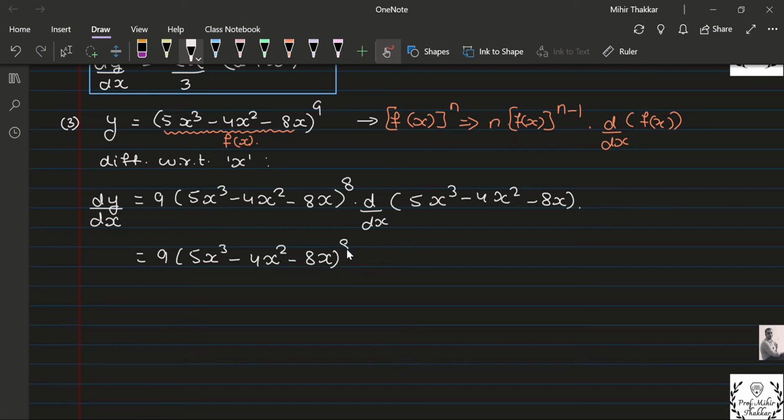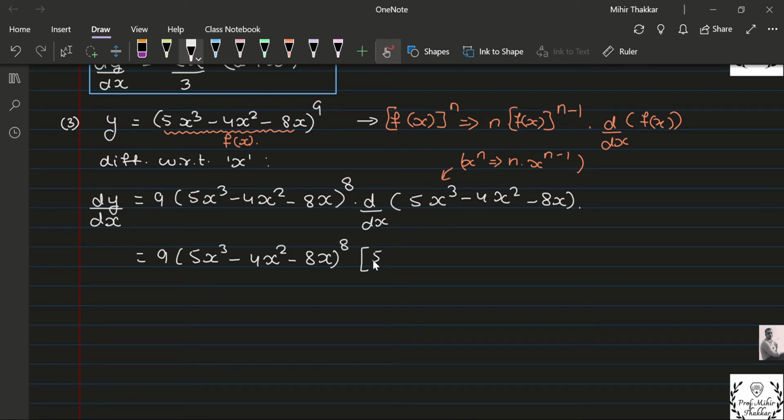Whole power 8. Now the next term, derivative of 5x cube. Once again, I have to take the derivative for this particular term using the formula for x raised to n. And the answer for x raised to n is same as what I applied just now, n into x to the power n minus 1. Now, what is n for the first term? 3.